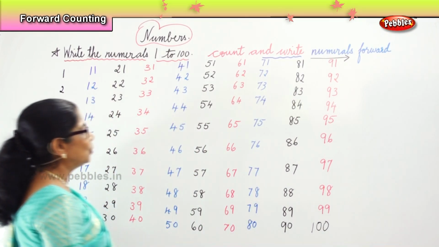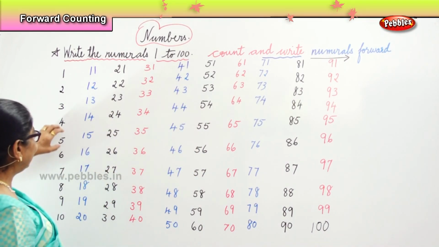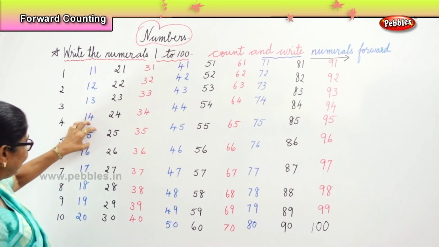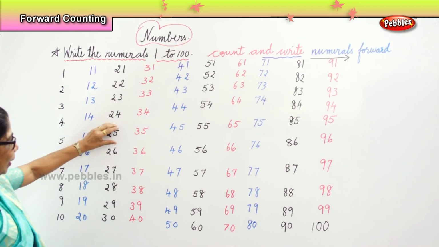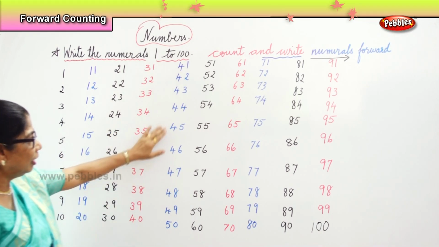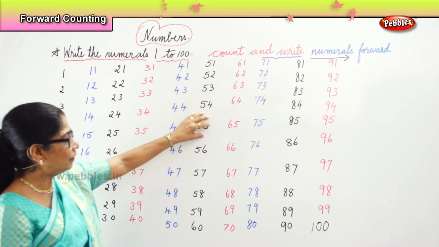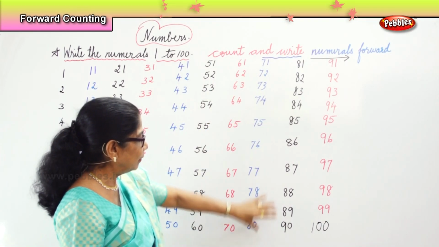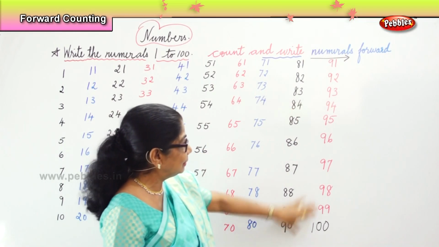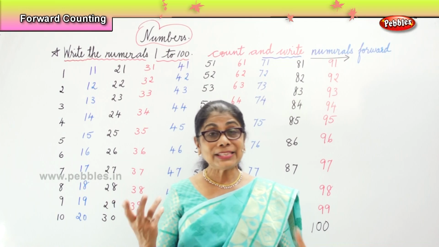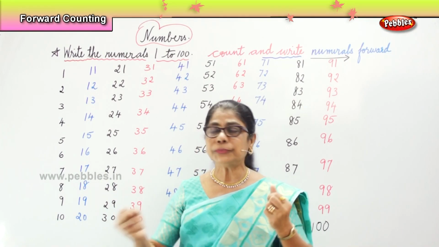Okay, now let's look at fives, okay? 5, 10, 15, 20, 25, 30, 35, 40, 45, 50, 55, 60, 65, 70, 75, 80, 85, 90, 95, 100. That's it.